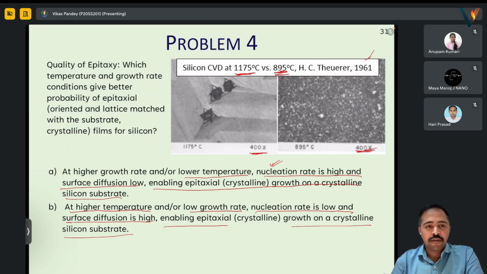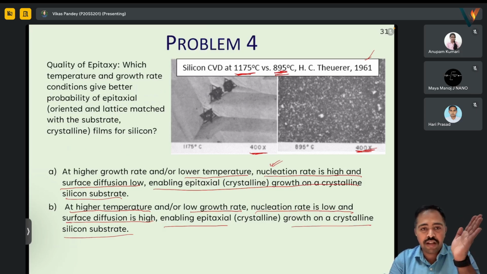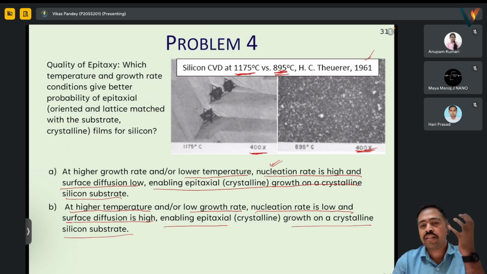A is where we have a higher growth rate and low temperature. In this case, it is said nucleation rate is high and surface diffusion is low. This enables epitaxy on the crystalline silicon substrate.